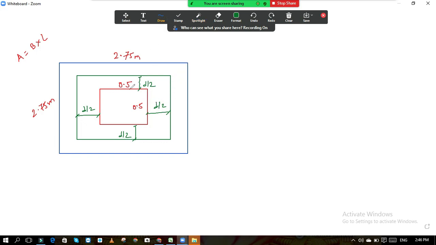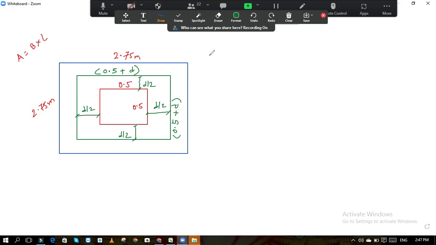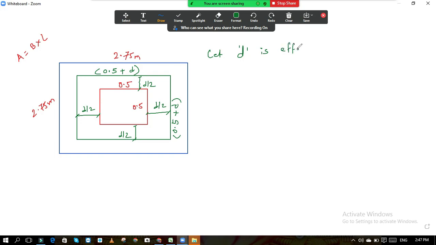Now if this is 0.5, and this is D/2 and D/2, then the total dimension will be 0.5 plus D/2 plus D/2, which is 0.5 plus D. Similarly this side is also 0.5 plus D, where D is nothing but the effective depth of the footing.